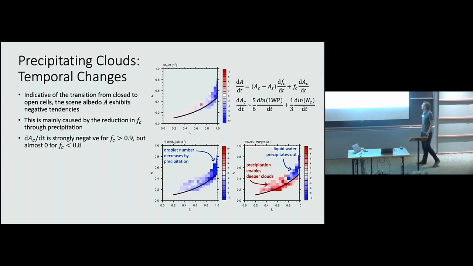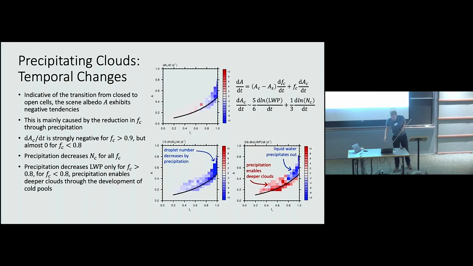Below 0.8, we have precipitation and this organization of the cloud field, which allows individually deeper clouds, and deeper clouds usually have a higher liquid water path, which explains this increase here. If you combine these two tendencies, you get a very negative tendency here and an almost zero tendency below 0.8, which is then also explaining why we have that almost linear behavior, which we have seen in the beginning for the precipitating stratocumulus.